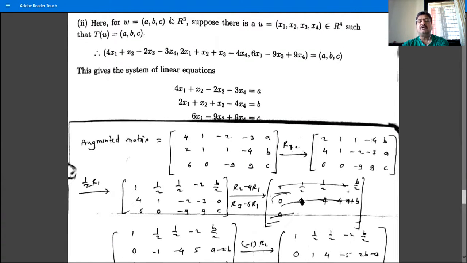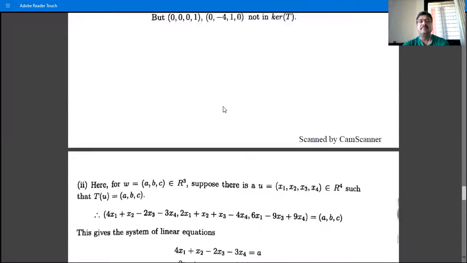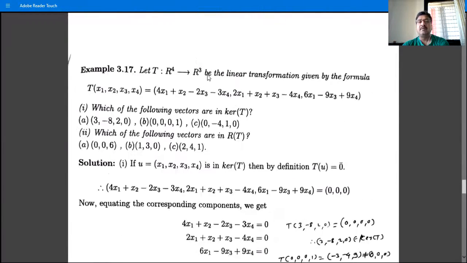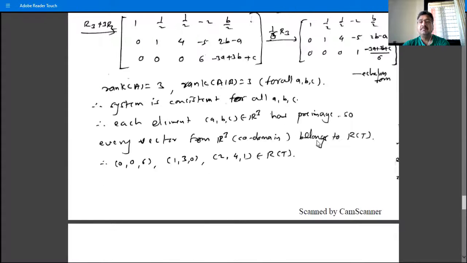That is, every element (a, b, c) in R3 has a pre-image. So every vector from the codomain R3 has a pre-image, which means every vector of R3 belongs to the range of T. Therefore, the range of T is R3 itself.